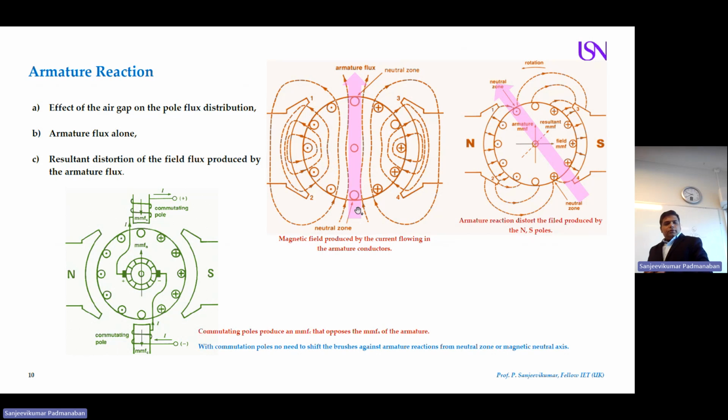So what happened? Your armature is rotating very fast, because you are talking about 3000 RPM, 1500 RPM, not one revolution per minute, something like moving with the hand. Very high speed. 3000, 10,000, 5,000. So this rotating part will be revolving at 1500, 3000, something, am I right? So the conductors are moving instantaneously in a fraction of a second.